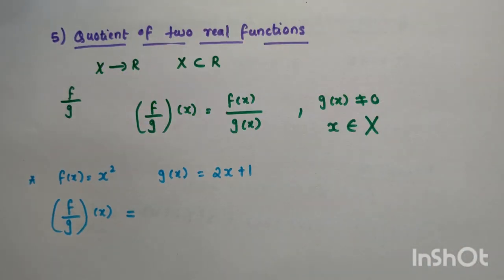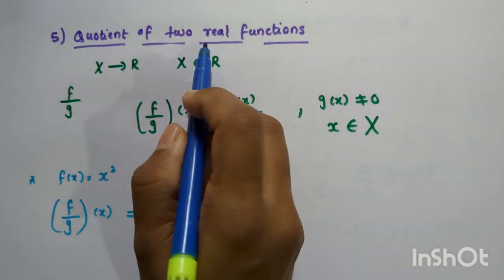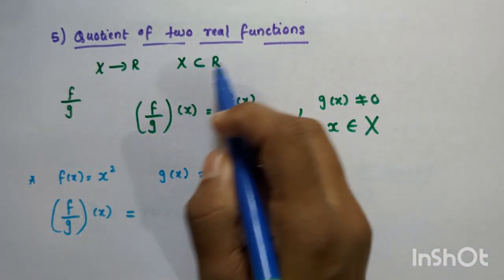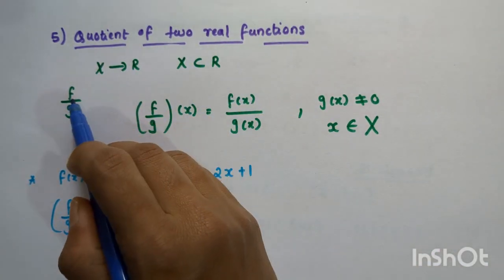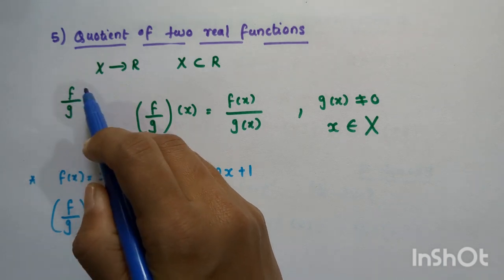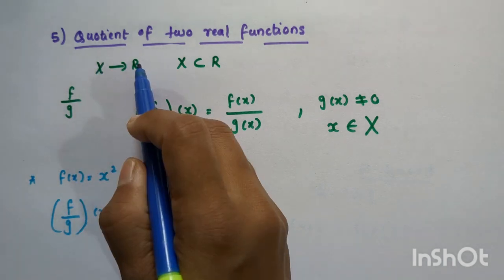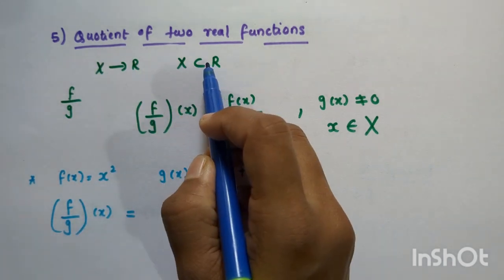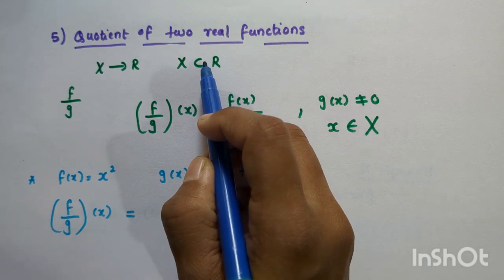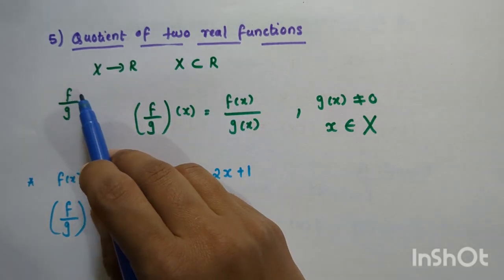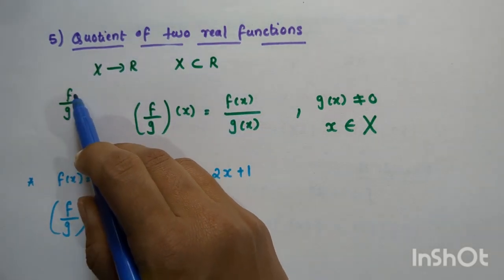Now let us consider the fifth one, which is quotient of two real functions, that is division. Let f and g be two real valued functions defined from X to R, where X is a subset of the real number set R. The quotient of f by g is denoted like this, f by g.